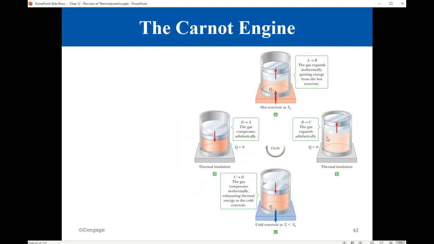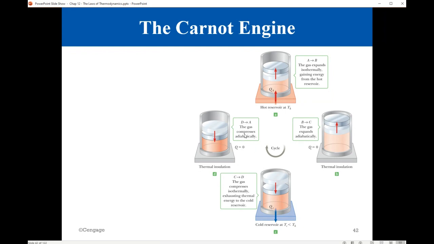So here we have 4 phases. The gas expands isothermally from A to B. Then the gas expands adiabatically from B to C. The third process, the gas compresses isothermally from state C to state D. And the fourth process, the gas goes back from D to A. So this is a reversible process.